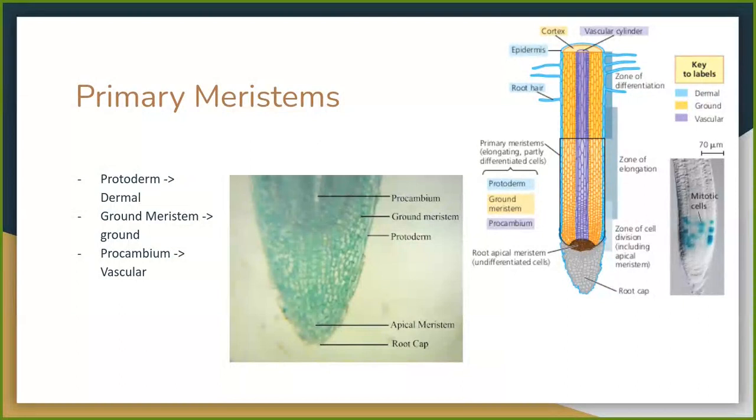This makes up the vascular tissues, and then if you move outward, you have the ground meristem, so ground tissues form from there, and after that, protoderm on the outside. If you look in the image, you'll see the root cap on the bottom, and then the root apical meristem, which allows for growth. It contains a bunch of undifferentiated cells that are able to differentiate into something else later.